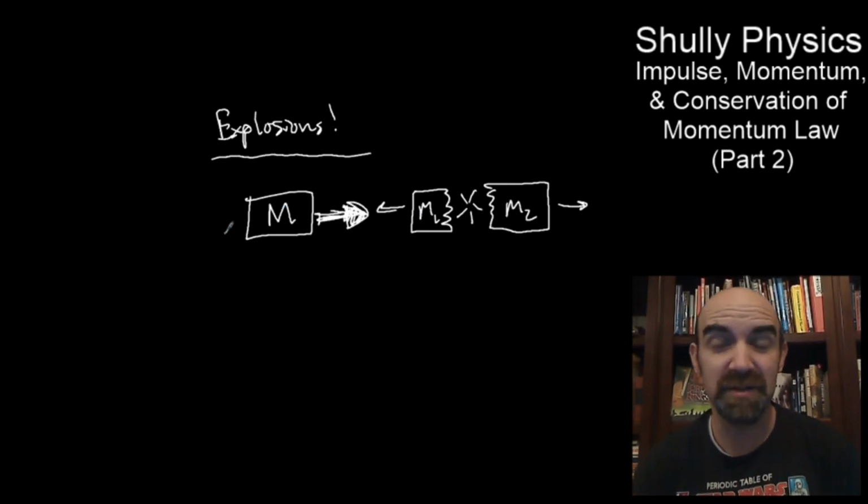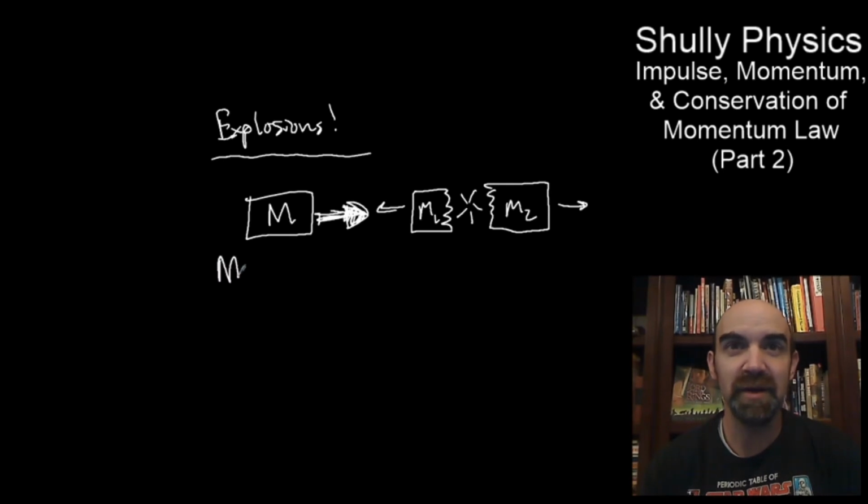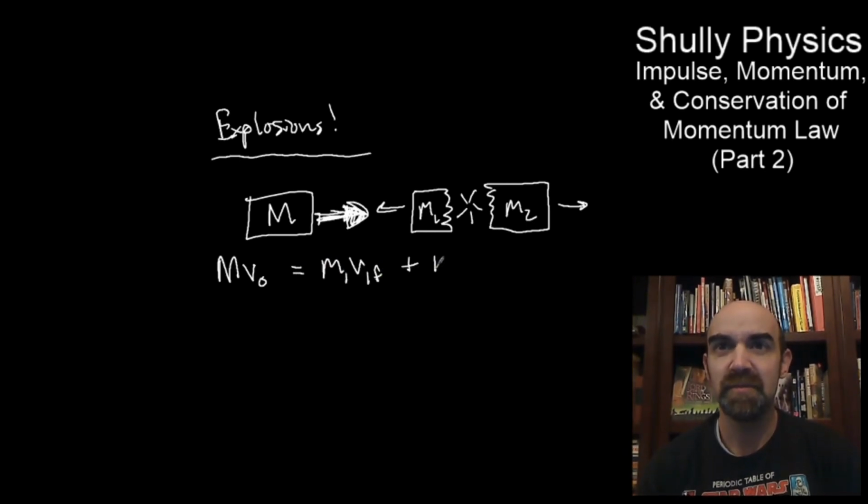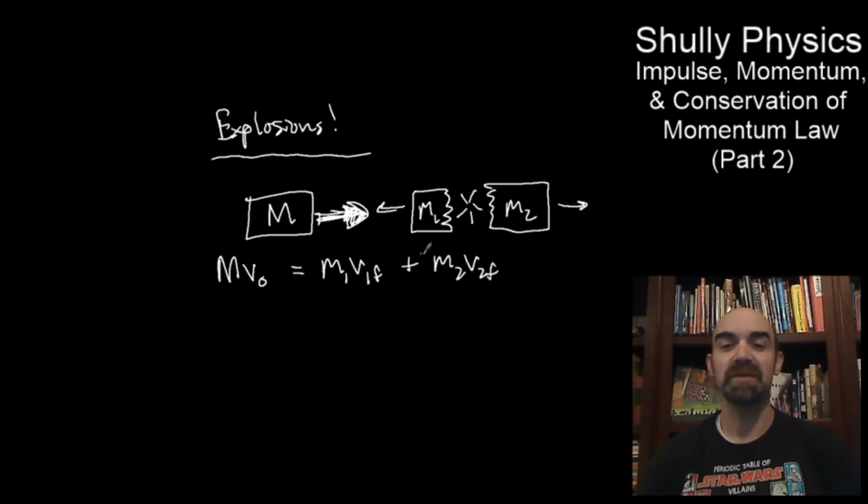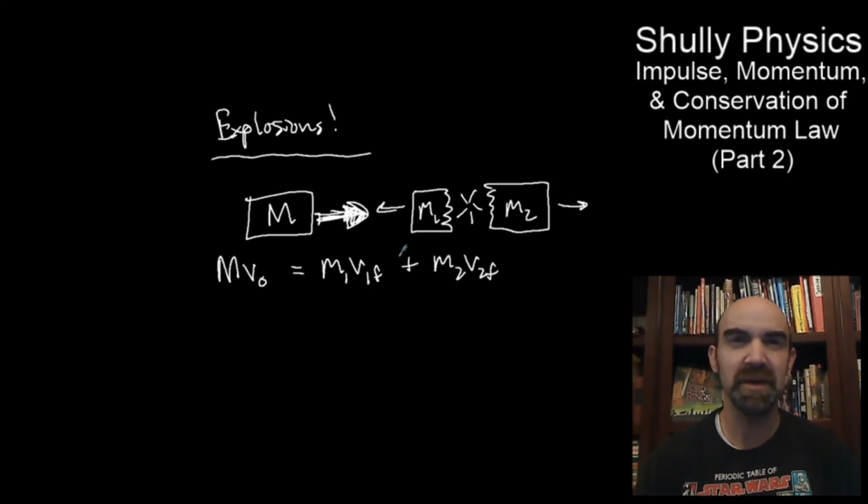So what would that expression look like? Well, we might have a big M times an initial velocity equals m1 v1 final plus m2 v2 final. One bigger mass breaks up into two smaller ones. But we can actually do with a little less information here.